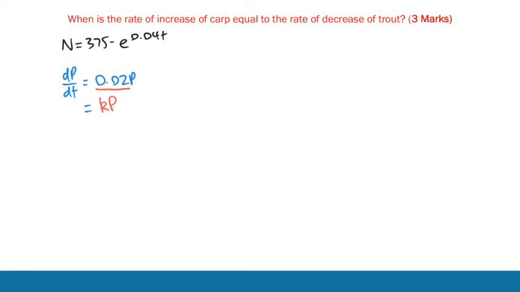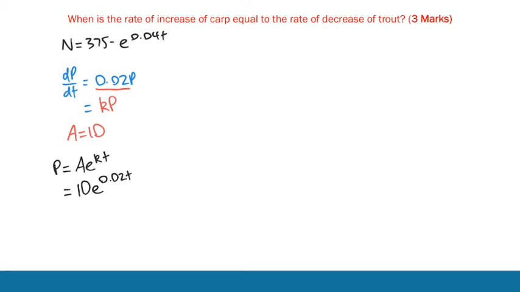The other thing we know is that we initially had 10 carp in the lake. When we introduced them, we introduced 10 of them. So that gives us that a equals 10. So immediately from that, we can form the equation that p is equal to ae^(kt), the exponential growth, and therefore p is equal to 10e^(0.02t).